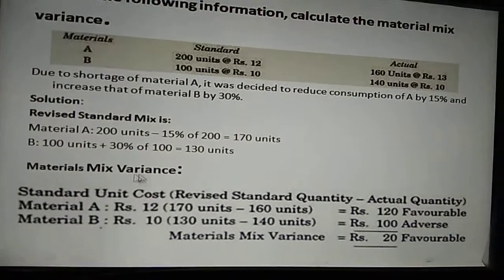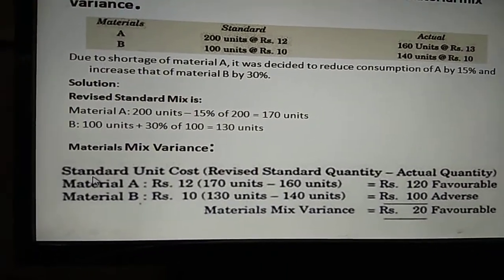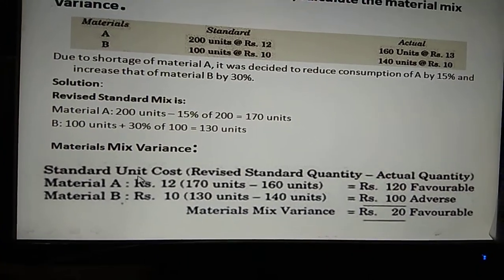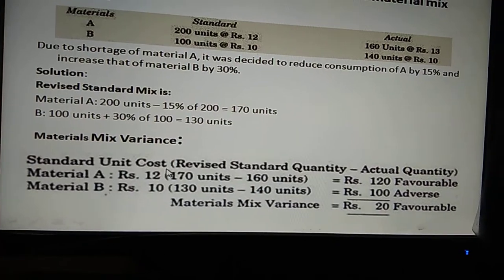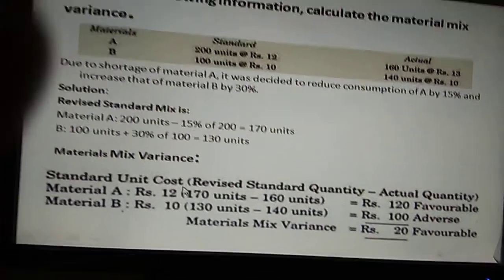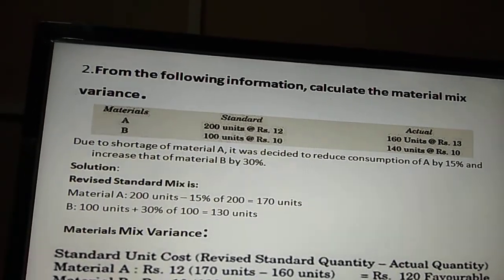Now material mix variance we will calculate. So the material mix variance formula is like this: standard unit cost multiplied with the difference between the revised standard quantity and the actual quantity.